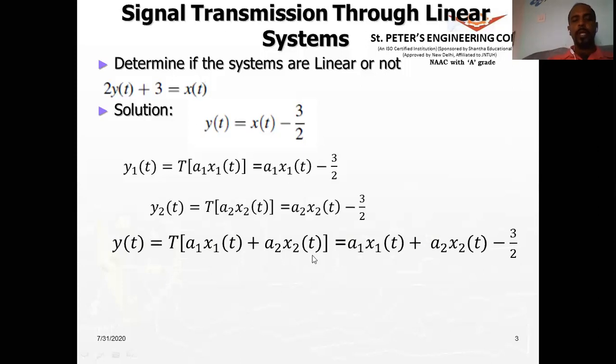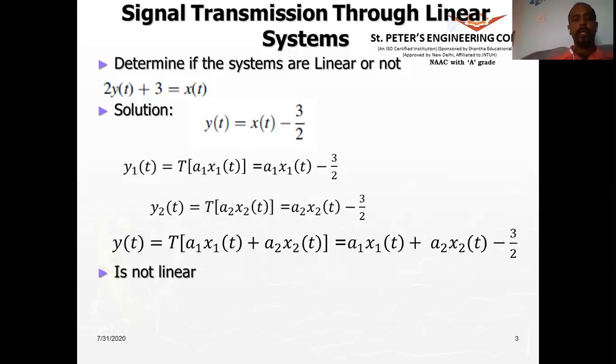I'm giving the total input, which is the sum of the individual inputs, to the operator T. Now what is the output? a1 x1 of t plus a2 x2 of t minus 3 by 2 alone. Whereas previously when I added the individual outputs, I got minus 2 times 3 by 2. But here it is only 1 time 3 by 2. So it is not term to term the same. Therefore, we say that this is not a linear system again.